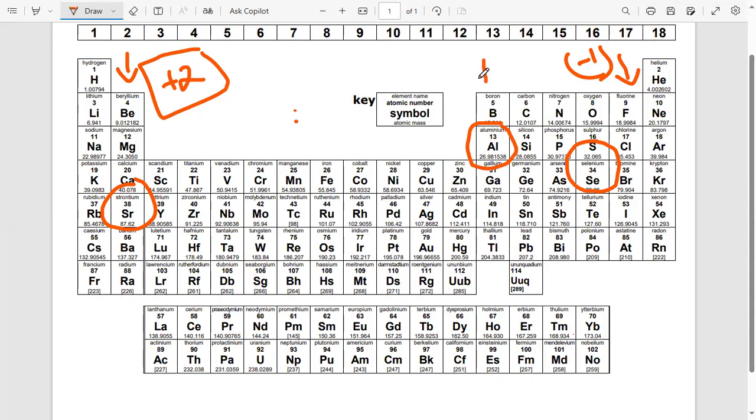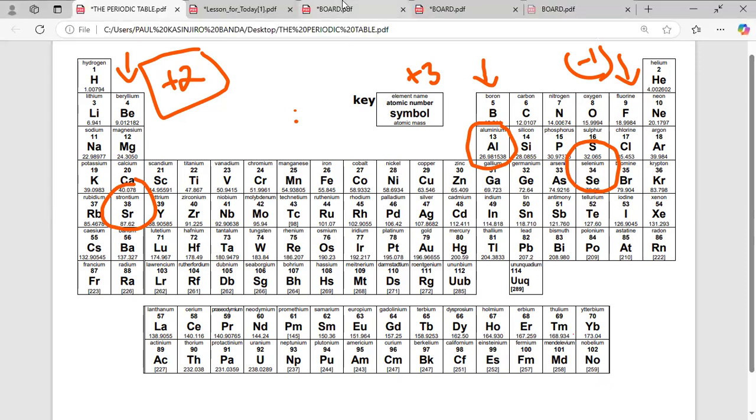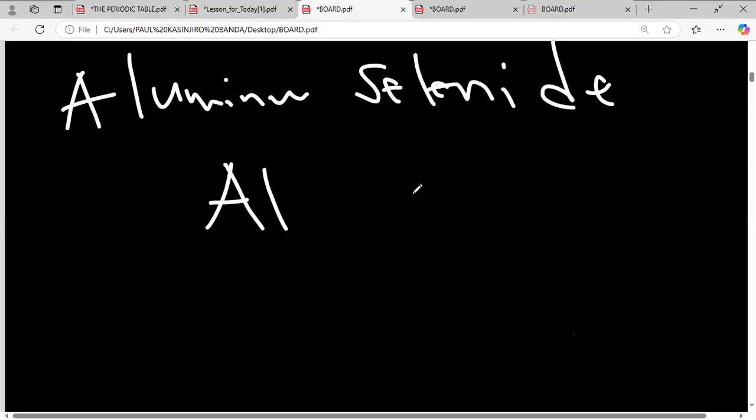Aluminium, we said it has a +3 charge, and this selenium here, since it's in group 6 of the periodic table, its valence is 2, or it forms ions that have a -2 charge. So this is selenium, which has the symbol Se.